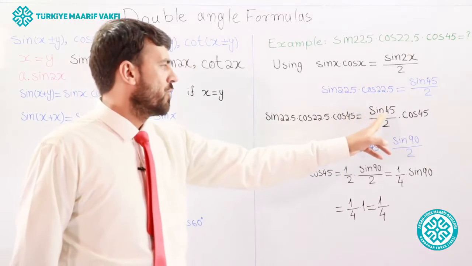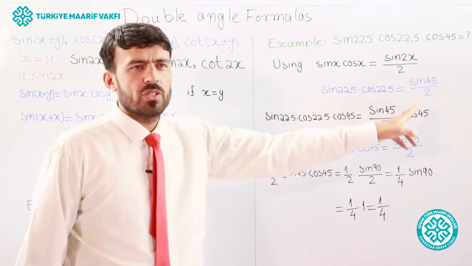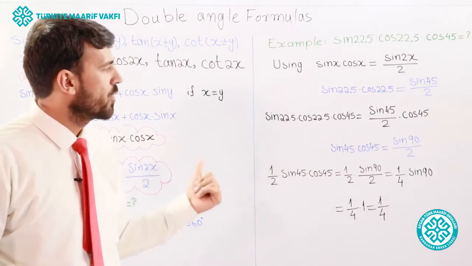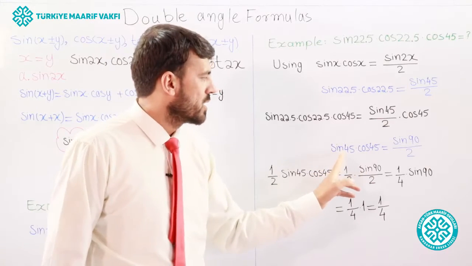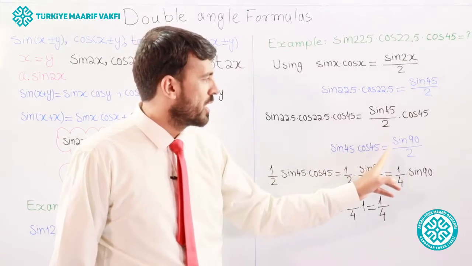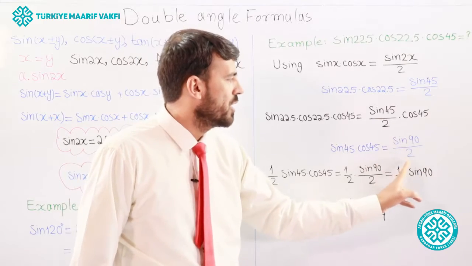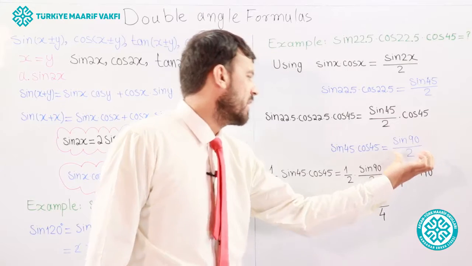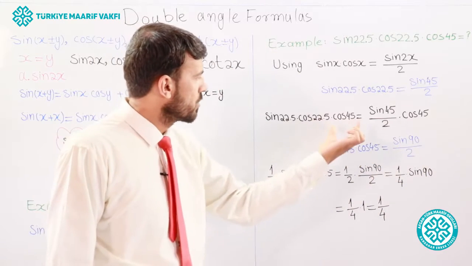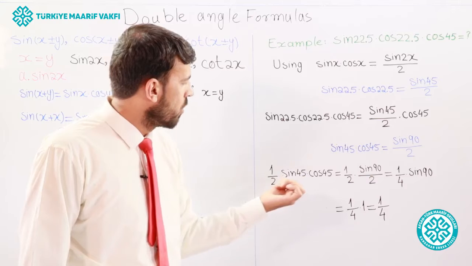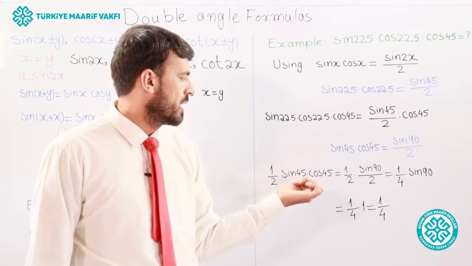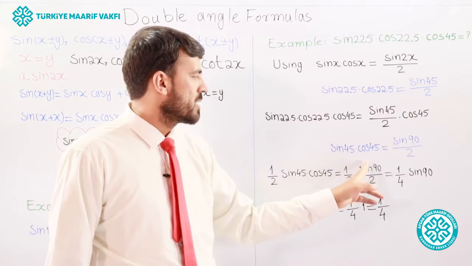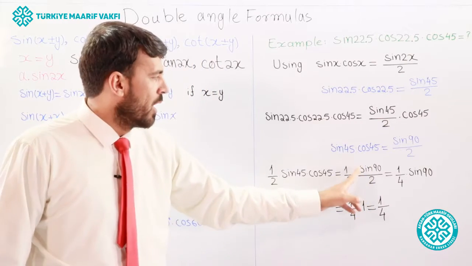Also, for sine 45 multiplied by cosine 45, we can use the second form of this formula and write it as sine 90 over 2. We can replace this part in the question. We can write 1 over 2 multiplied by sine 90 over 2.